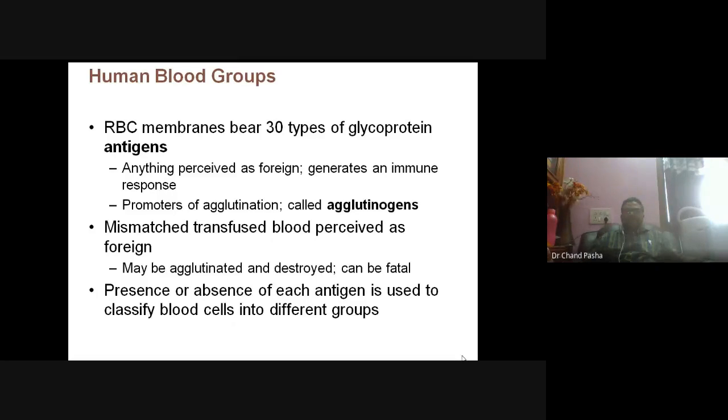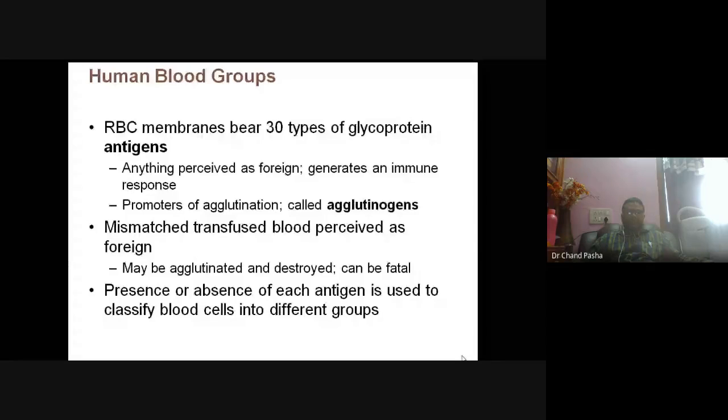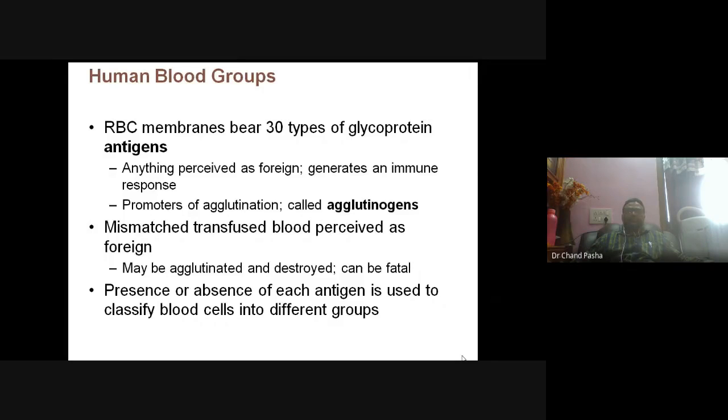These antigens promote the aggregation, this gathering of RBCs at one side, and this process is called agglutination. These antigens which are on the membrane of RBC are called agglutinogens. The type of clumping is called agglutination, and so these proteins are called agglutinogens.